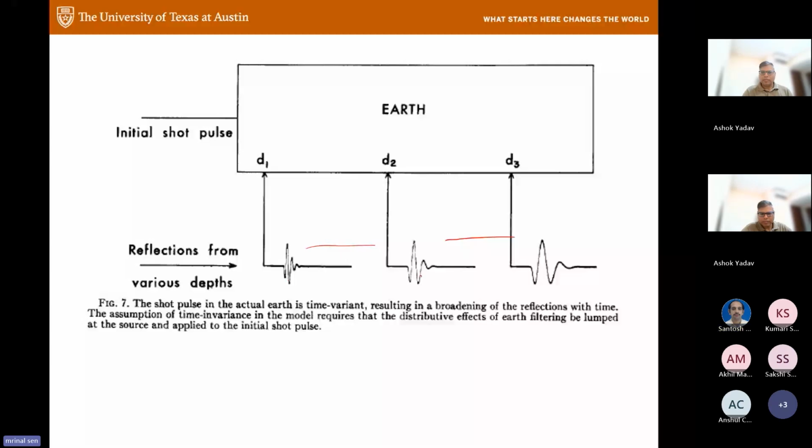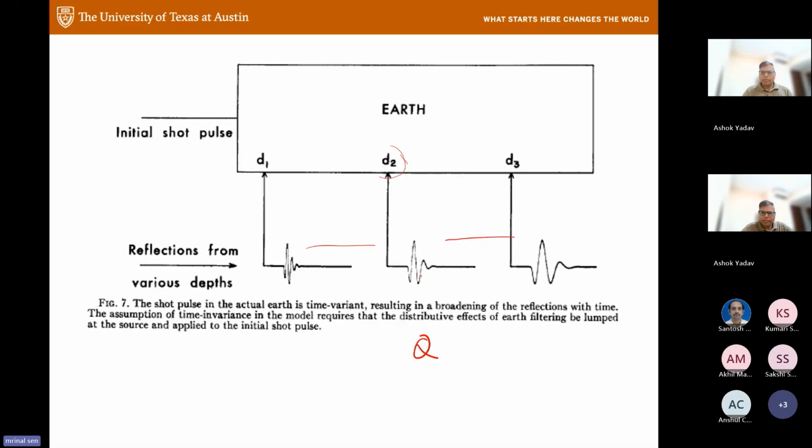In practice, when the pulse travels inside the Earth, the amplitude is given by the reflection coefficient, but then your pulse gets filtered. The Earth acts as a low-pass filter, so it filters out higher frequencies. In other words, there is attenuation and dispersion through the medium, and this is given by Q.